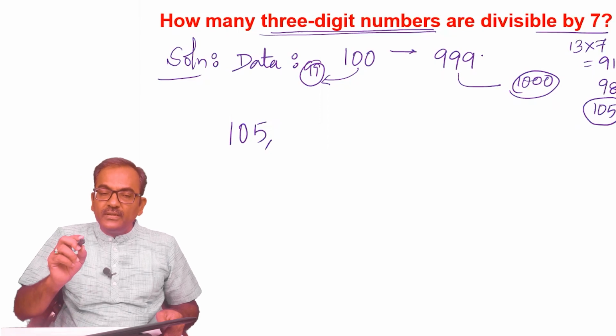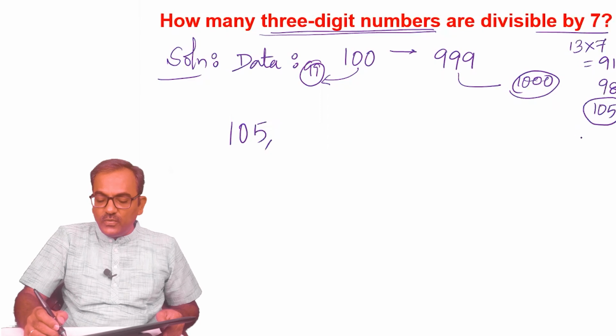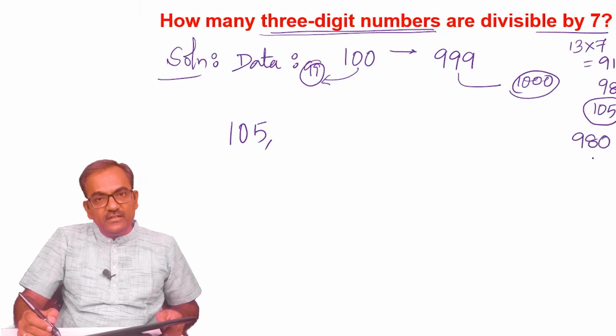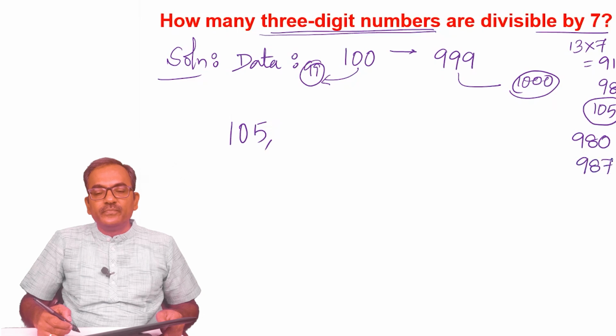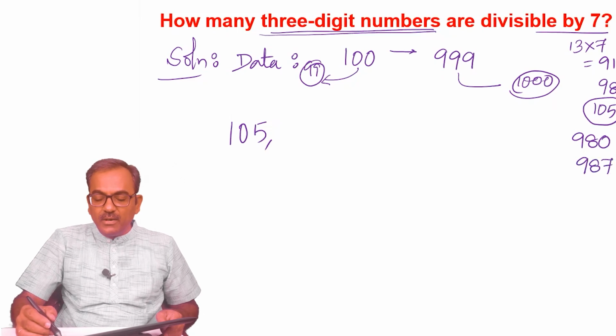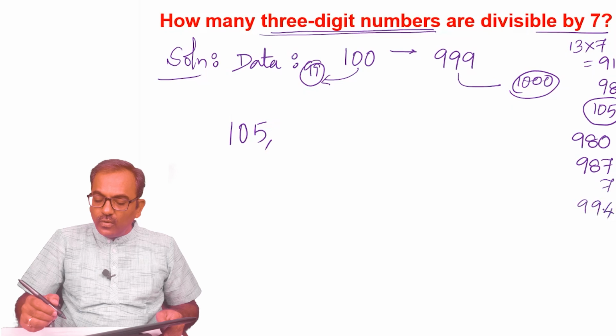Now, is 999 divisible by 7? No. The last number that is divisible by 7, that you can check. 98 is divisible, therefore 980 is also divisible. Therefore 980 plus 7 is 987, 987 plus 7, what do we get? 994.